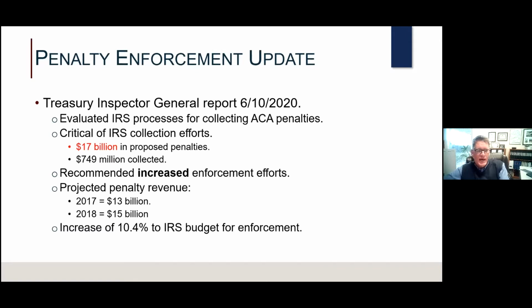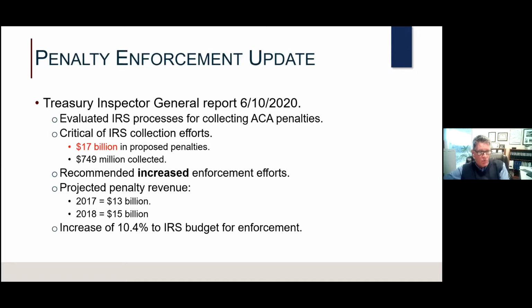This report was highly critical of the IRS collection efforts to date, and pointed out that of the $17 billion in proposed penalties, I mean, just look at that number for a second, $17 billion in just a 2-year period of time that the IG looked at, the IRS only collected $749 million of that, and so because of that, the IG recommended increased enforcement efforts.